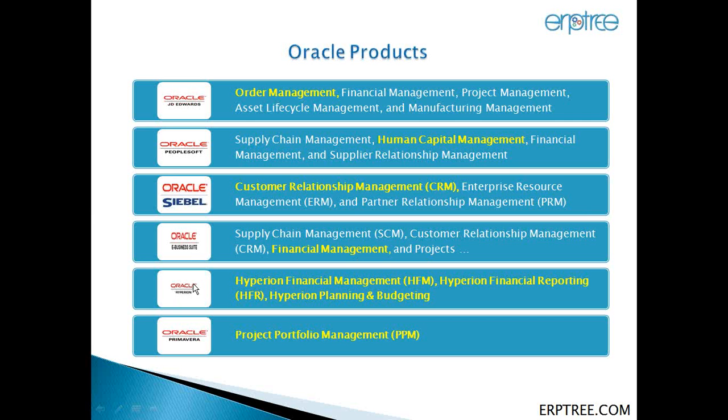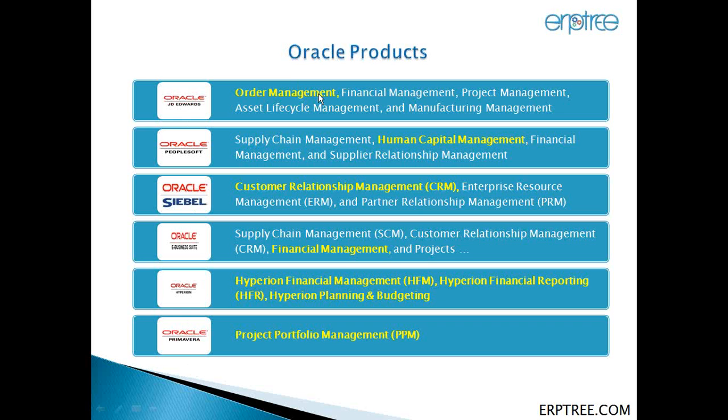From Oracle Hyperion, whatever solutions are available in Hyperion are the best in the market. And when you talk about Primavera, PPM, project portfolio management, these are the different ERPs, and Hyperion and Primavera you can call enterprise solutions. So from these different ERP products, what Oracle did is take the best out of them.